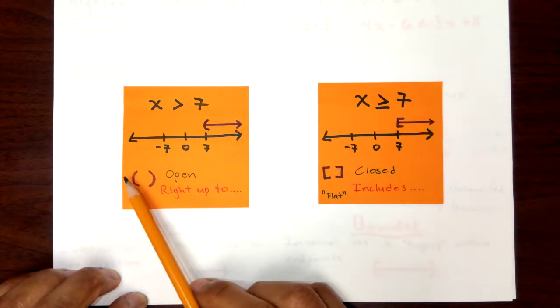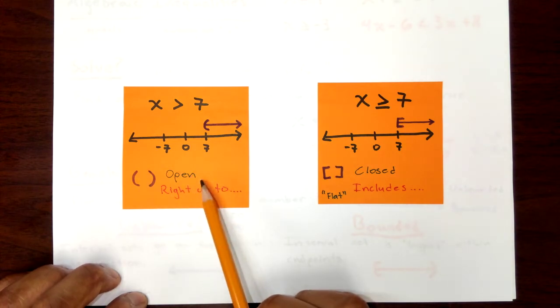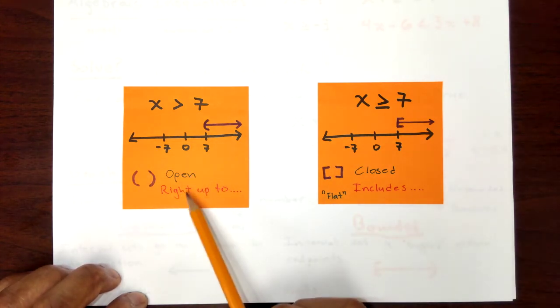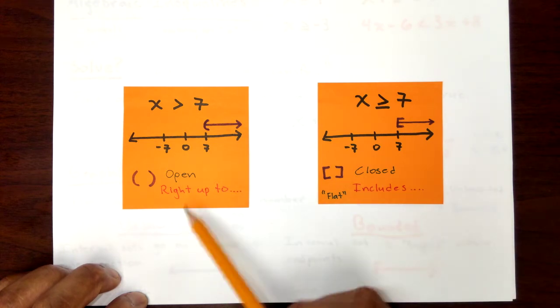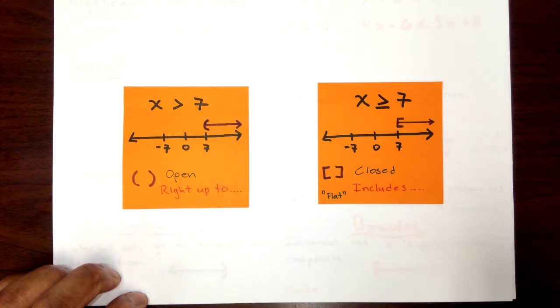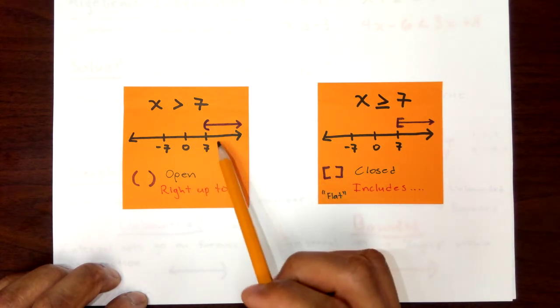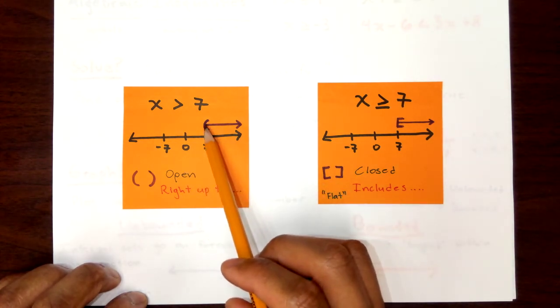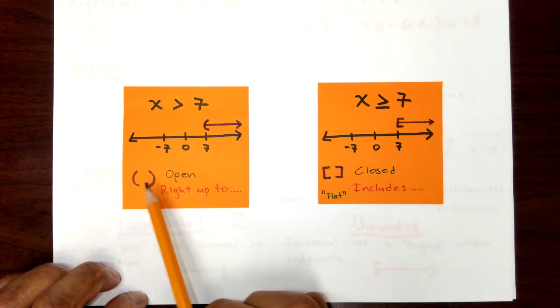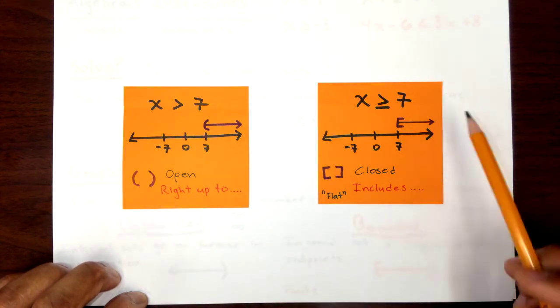Whenever we have parentheses, we call that an open set or an open interval, which means everything right up to this number. So 7.1 or 7.000001, that can all go all the way up to 7, but it cannot include 7. Parentheses does not include.